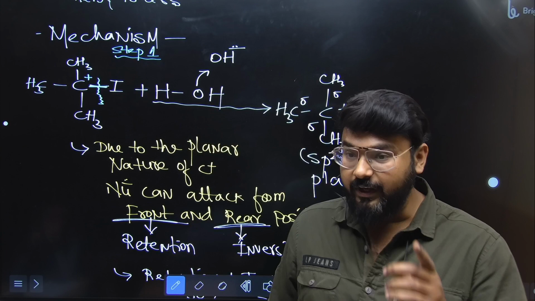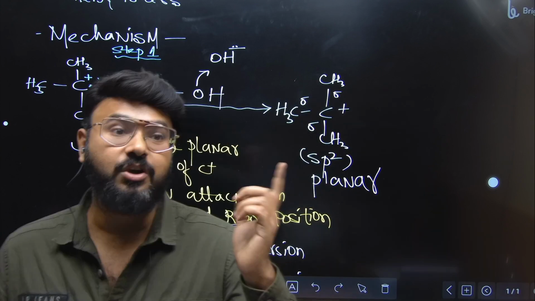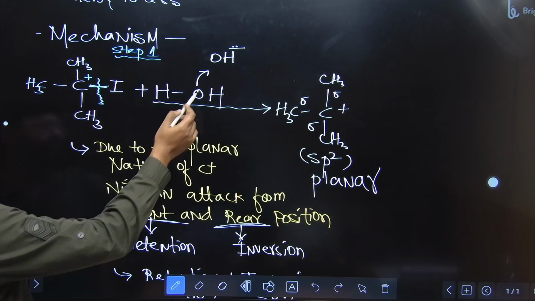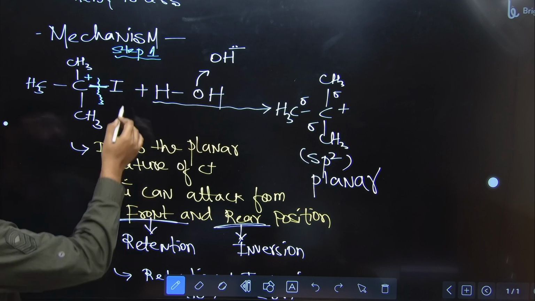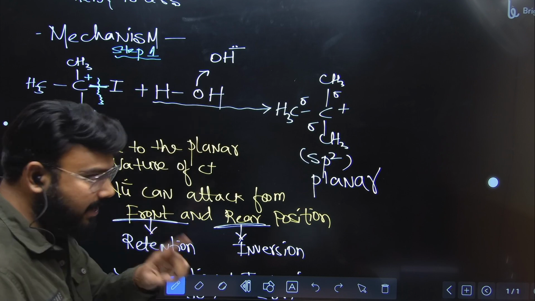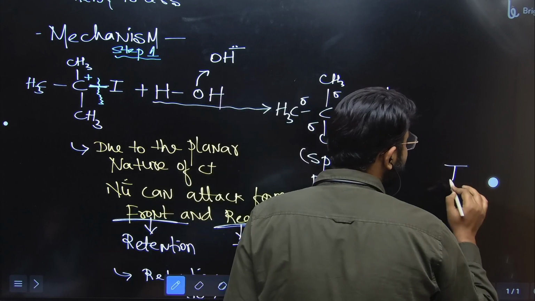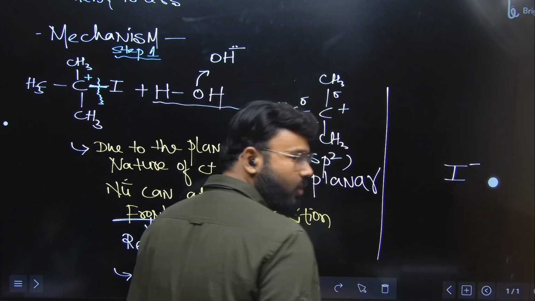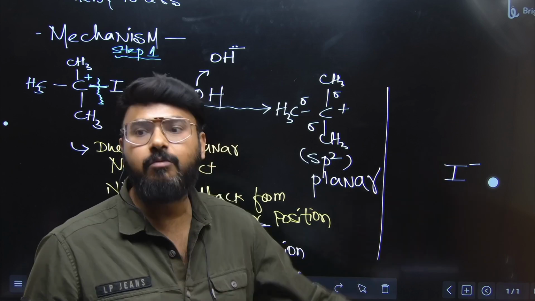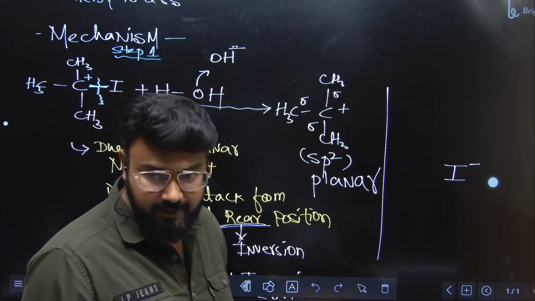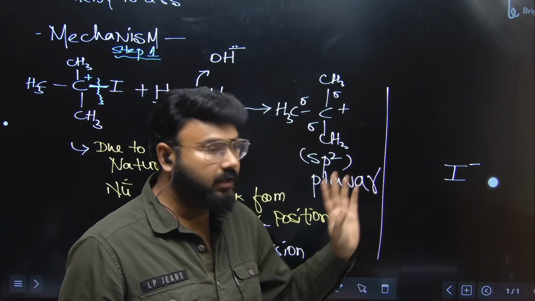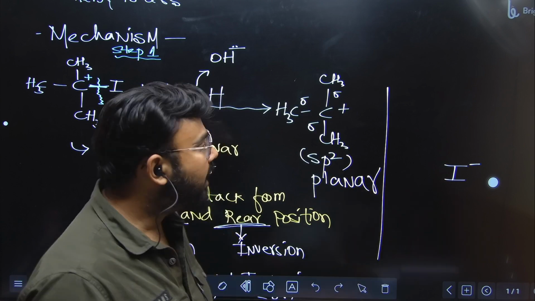To ensure the rebound does not happen, let me show you what this water will do. What is removed from here? Tell me. I minus. So guys, please see here. This I minus will be captured by the water. So water only caused the breakup. Now iodine will be captured by the water. Okay. How will it be captured?